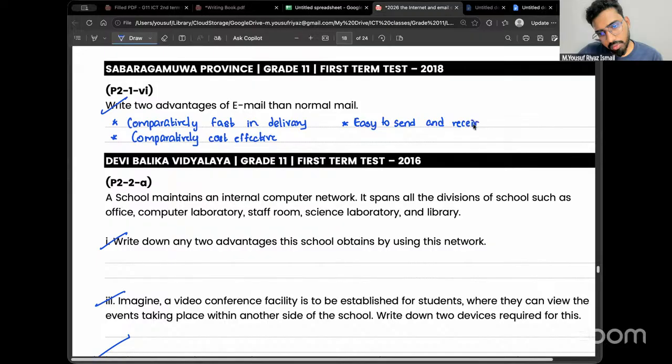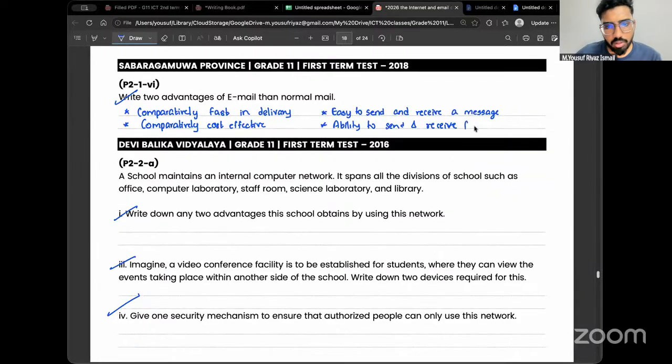The one you can mention is the ability to access the message from anywhere around the world. Ability to send and receive from anywhere at any time. So these are some possible answers you can mention.